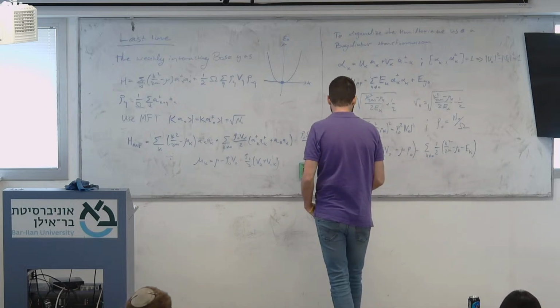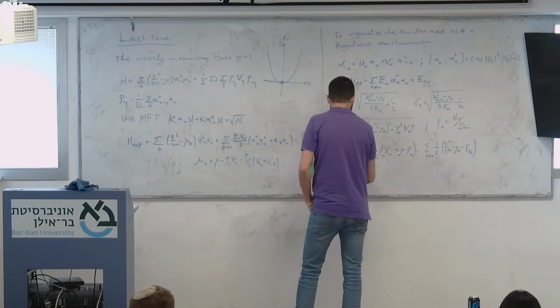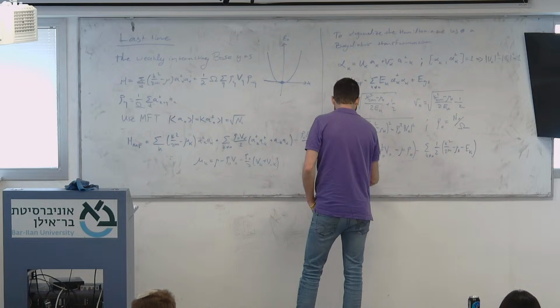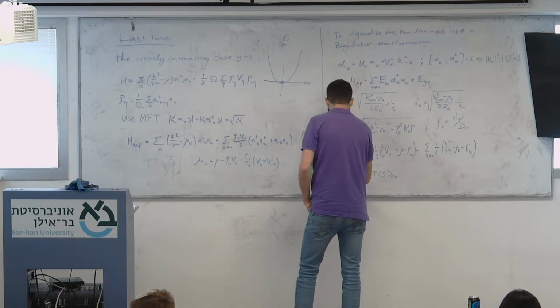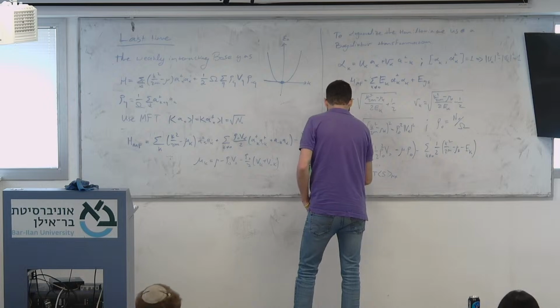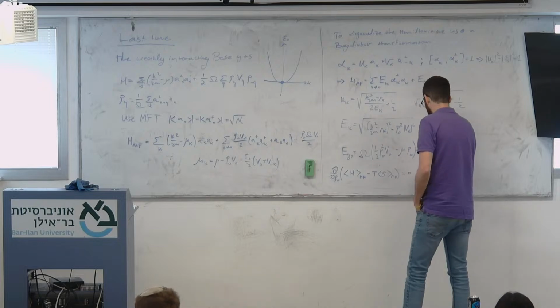Oh wait, no. Okay, so probably the best way is to compute H within the mean field minus TS, which is another story, and take a derivative with respect to rho naught equal to 0.